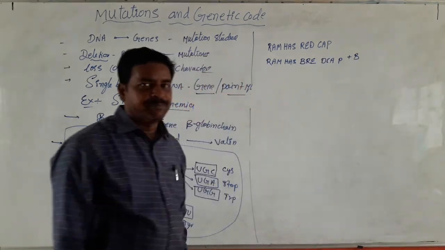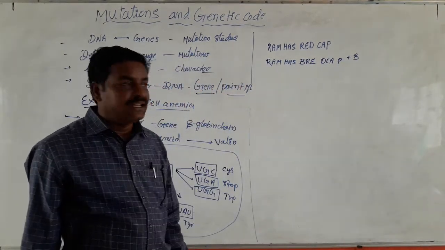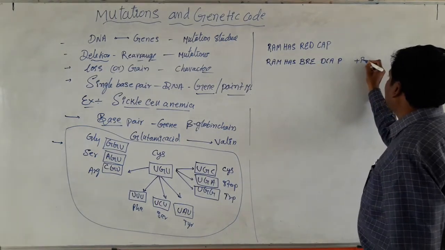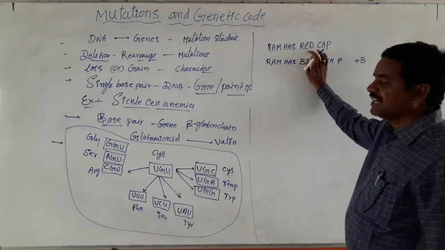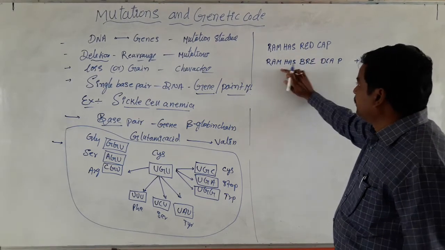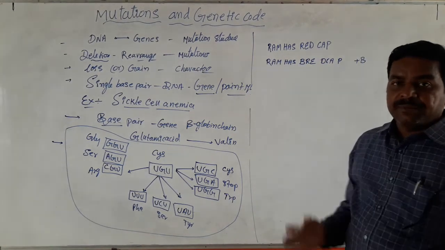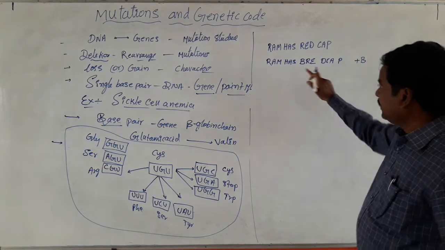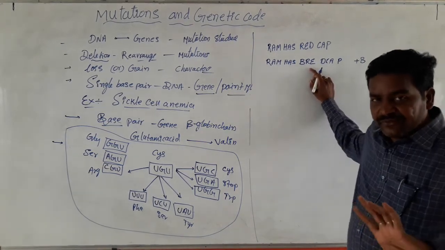Incomplete codon. What happened when the letter B is inserted here? One letter B is inserted between has and red. The entire reading frame will be changed.